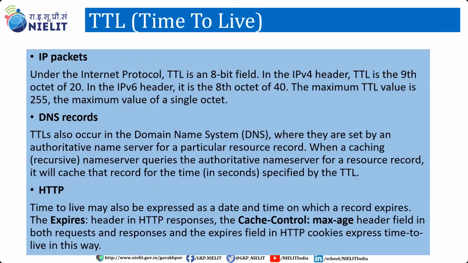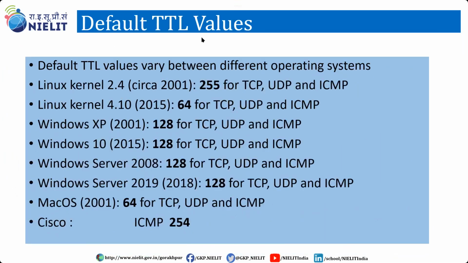Now coming to the default TTL values for different operating systems. These are the TTL values for Linux kernel 2.4, which was circulated in 2001. Earlier the Linux default TTL value was 255 for TCP, UDP and ICMP.